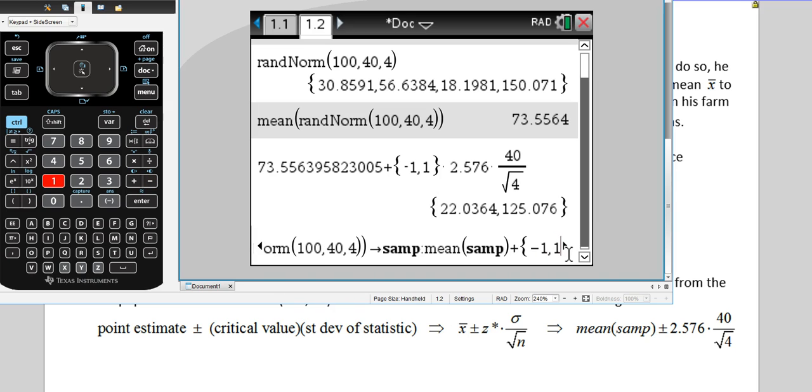So that's our plus or minus, times, and we got the 2.576. That's the one that would give us whatever confidence level that was, 99, that we wanted. I think it was 99, times 40 divided by the square root of 4.